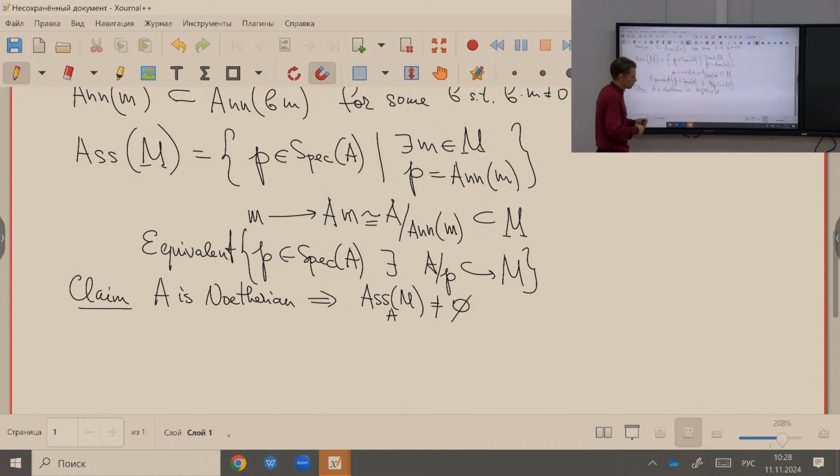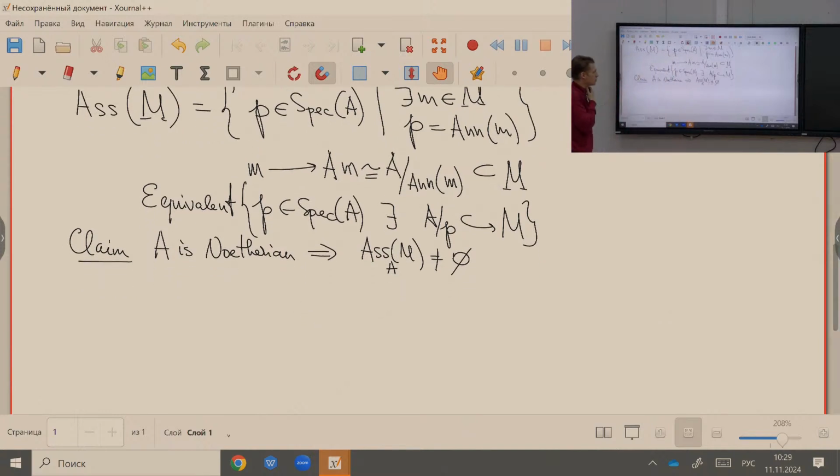So in general, if you take a ring without zero divisors and take it as the module, then the set of associated prime ideals consists just of the zero ideal.